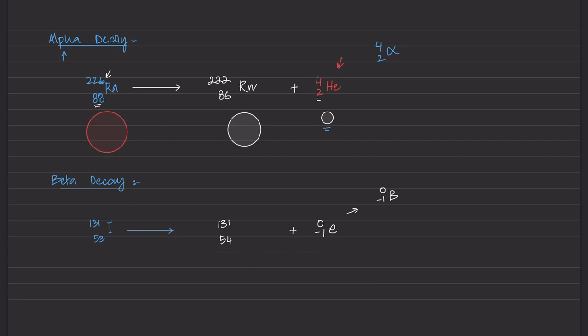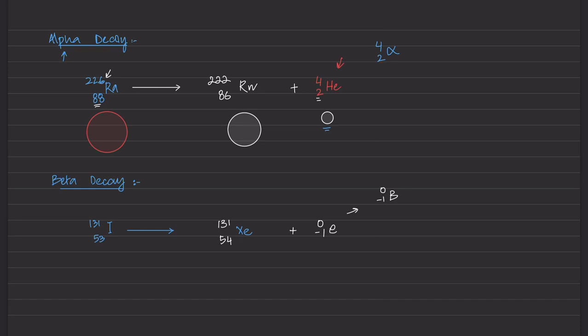Now we're not just doing that for the sake of balancing both sides. There's a reason why this happens. Whenever beta decay happens, one thing takes place inside the nucleus: a neutron is going to change into a proton.